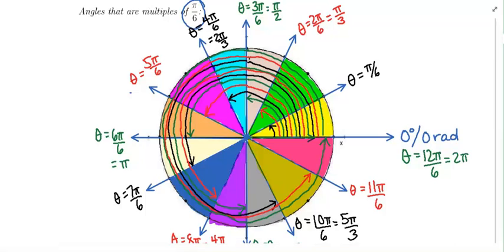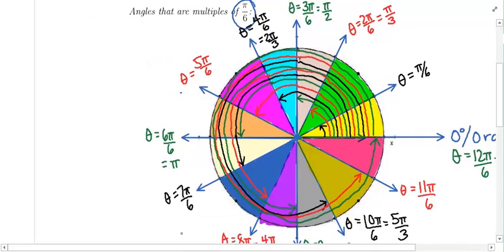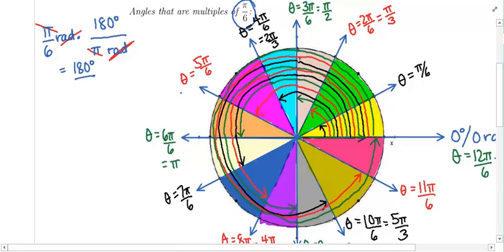So if we do that, let's go ahead and do our conversion factor. If you have pi over 6 radians, let's change that over to degrees by multiplying by 180 degrees over pi radians. The radians will cancel, the pi's will cancel. This will give us 180 degrees divided by 6, which is 30 degrees.